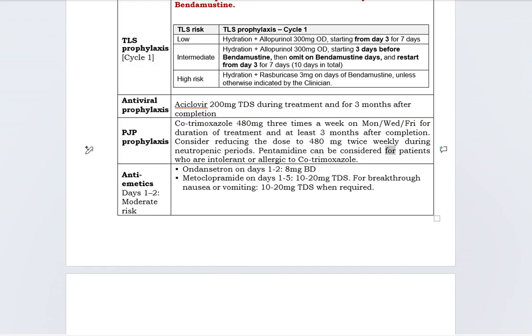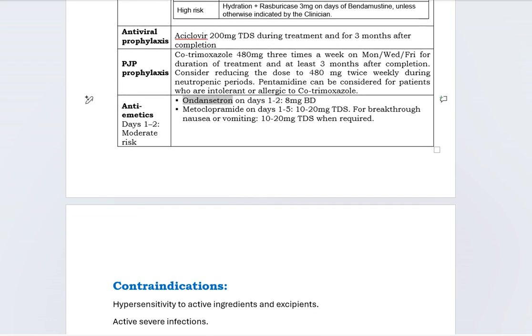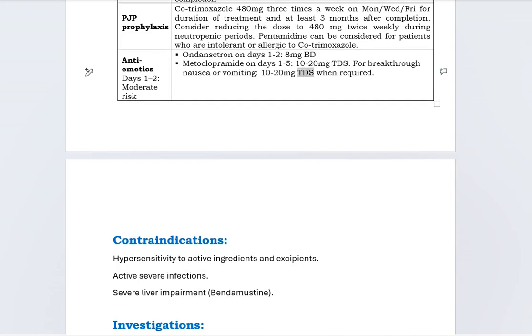Pentamidine can be considered for patients who are intolerant or allergic to cotrimoxazole. Antiemetics, days 1 to 2, moderate risk: ondansetron 8 mg BD on days 1 to 2; metoclopramide 10 to 20 mg TDS on days 1 to 5, and for breakthrough nausea or vomiting, 10 to 20 mg TDS when required.